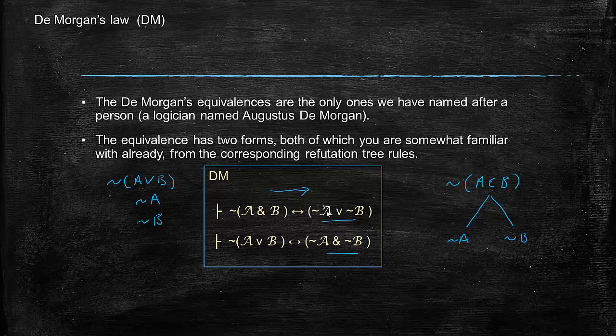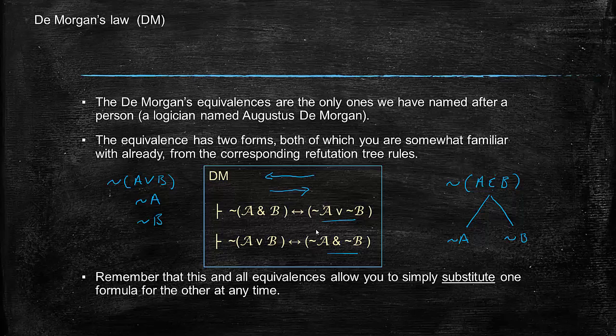The important thing to remember, though, is, well, first of all, we're not doing refutation trees. This is the propositional calculus. And the important thing to remember is that this is a biconditional, right? It goes both ways. And so we don't just think of it the way we thought of refutation tree rules. Rather, we think of it is that these formulas can be substituted for each other.